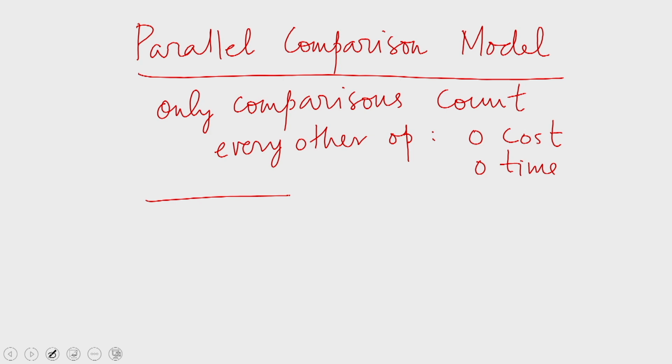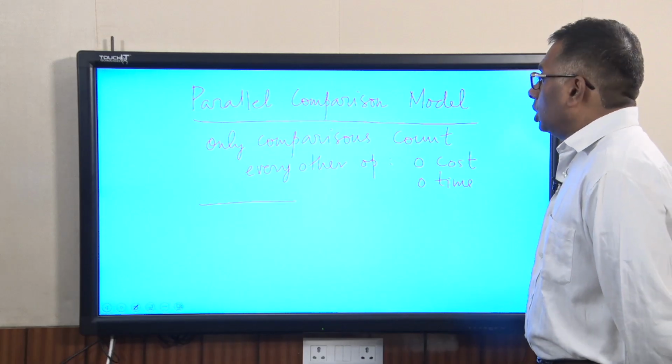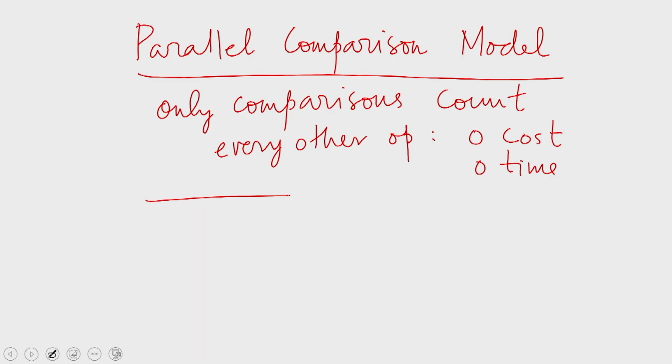This is a simplification that we make for devising lower bounds. Once we devise a lower bound on a parallel comparison model, it should apply to the other PRAM models that we are talking about. This is because a parallel comparison model is at least as strong as a priority CRCW PRAM.